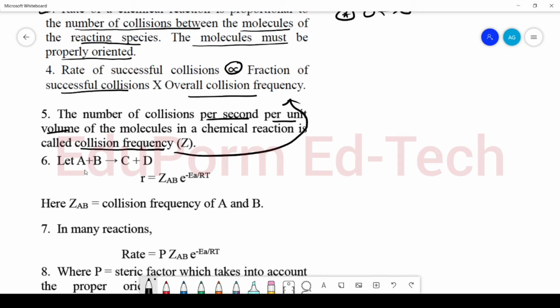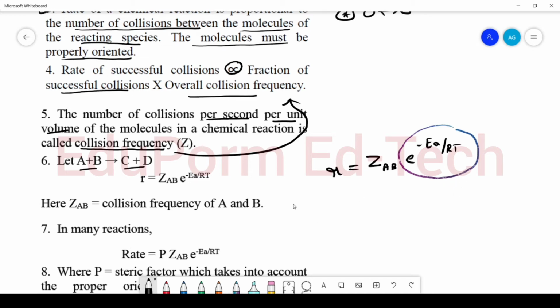Let's say the reaction is A plus B gives C plus D, then the rate is written as Z_AB, that means the collision frequency of AB, because the colliding molecules are the molecules of A and B, times e to the power minus Ea upon RT, where this expression e to the power minus Ea upon RT represents the number of molecules which are colliding with sufficient energy.